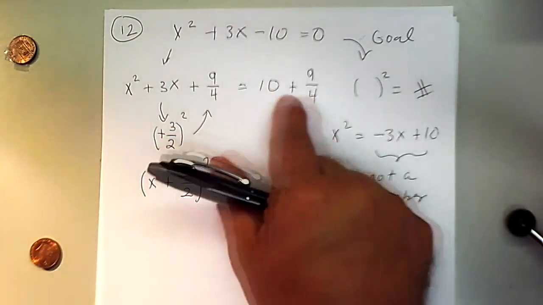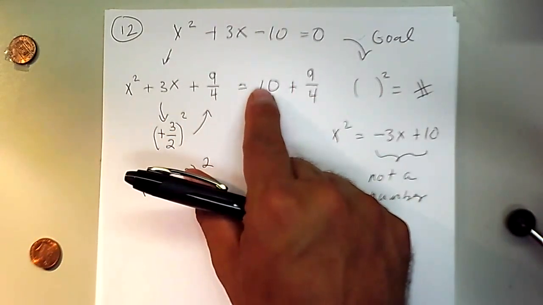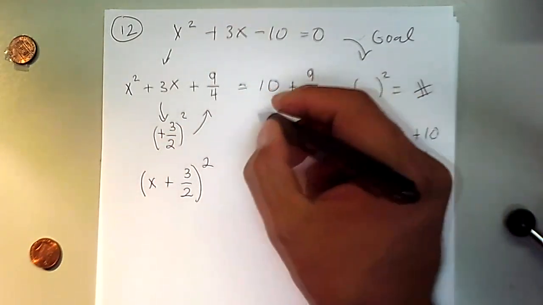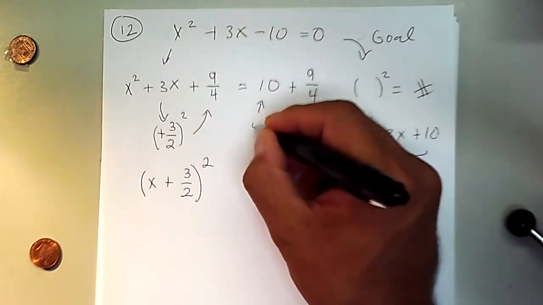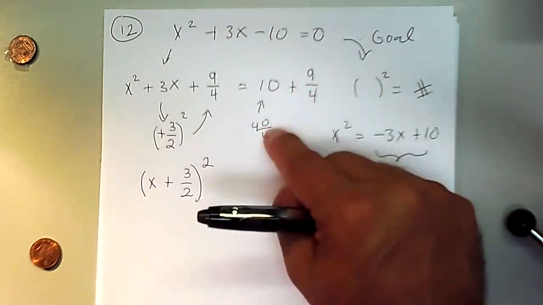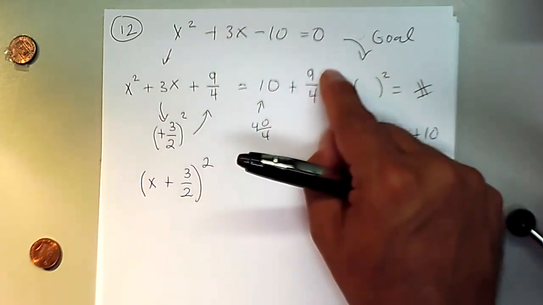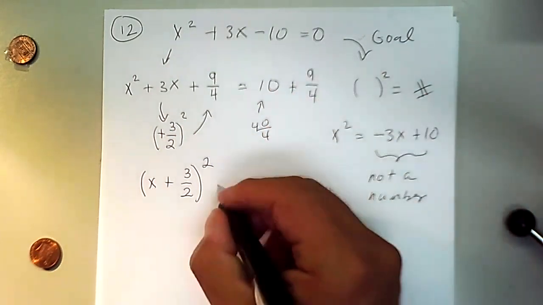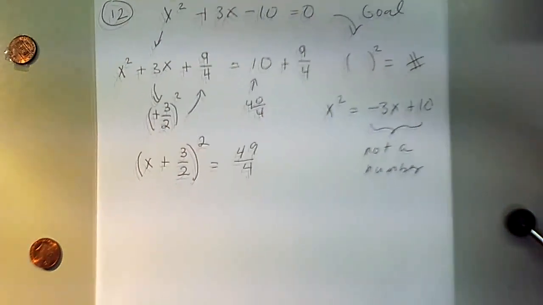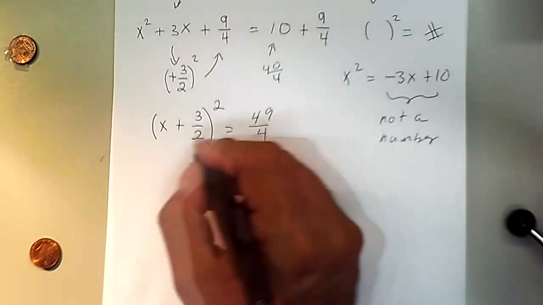And here we have to add those two together. This 10 is really 40 over 4. So when we add those two together, we get 40 over 4 plus 9 over 4. That's 49 over 4. And now we can take the square root on both sides of the equation.